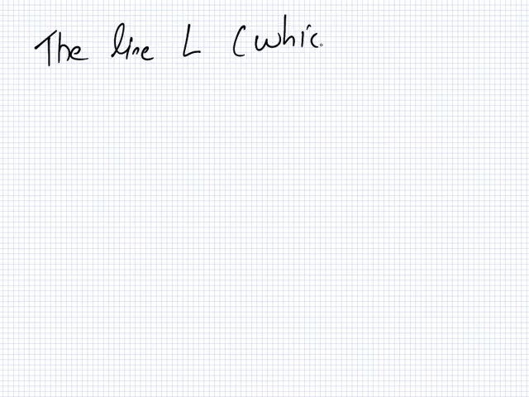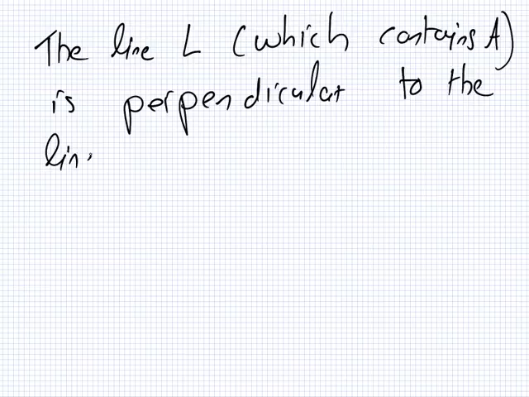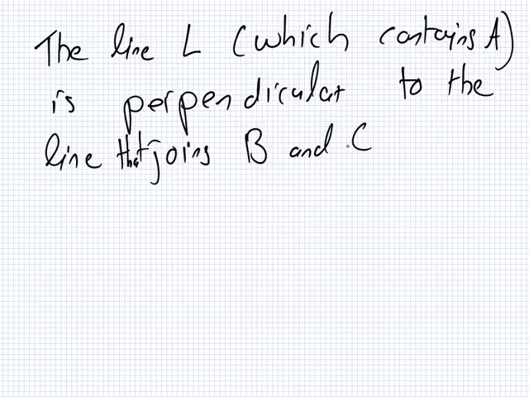This time, the line L, which contains A, is perpendicular to the line joining, or line that joins, B and C. So I want you to draw this for me so I can see if you understand.